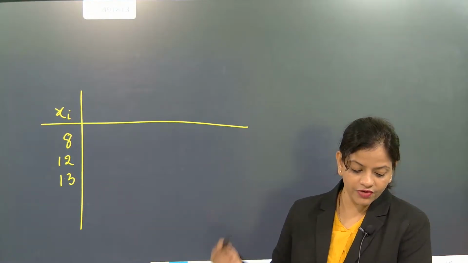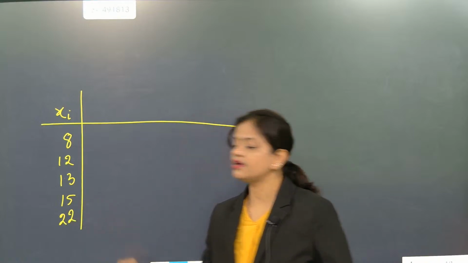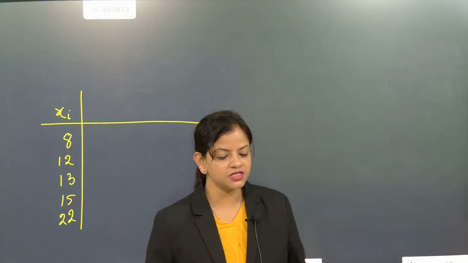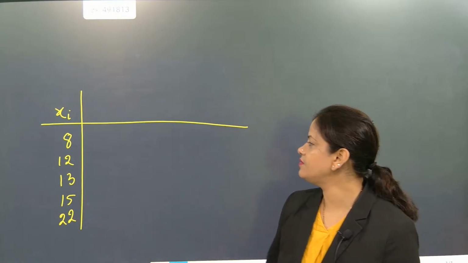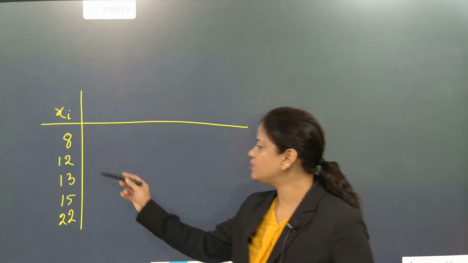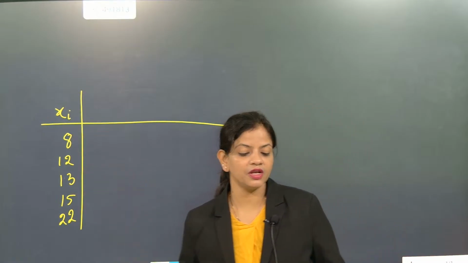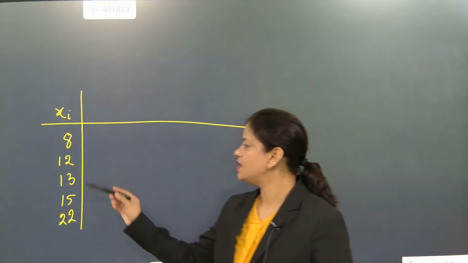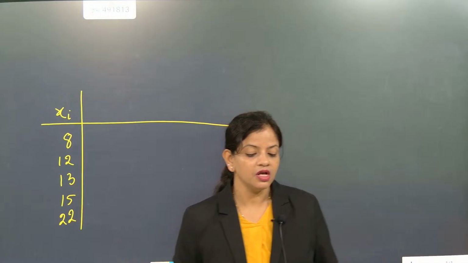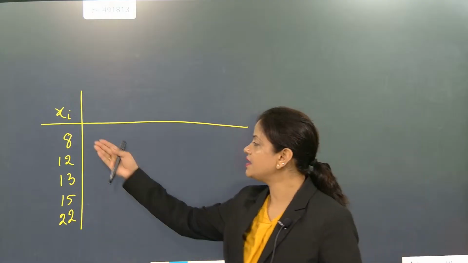It means when you are doing an observation or experiment, just like an experiment in a physics lab, every time the final value is coming differently. One time the value is coming as 8. Another time it is coming as 12, then 13, 15 and 22. Every time the recorded data are exactly showing this.